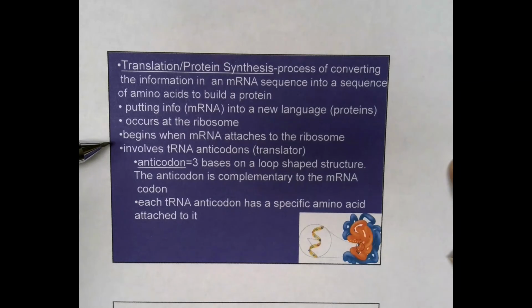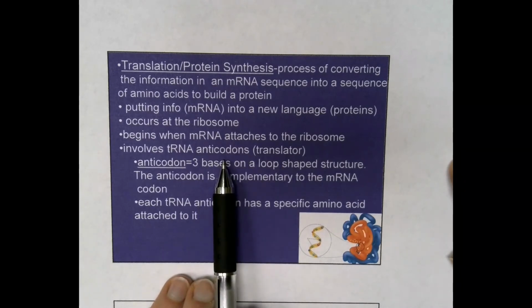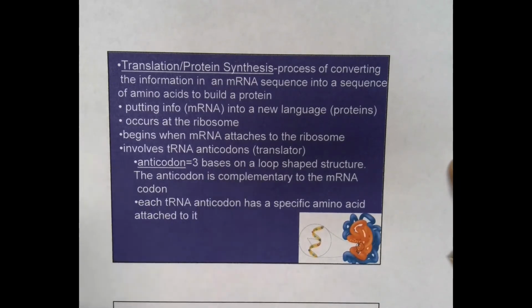Once the ribosome hooks onto the mRNA, that mRNA is going to be read. Okay, this is going to involve the tRNA anticodons. So they are little interpreter or translator molecules. Okay, so the analogy that I'm going to use for this is, let's just say that I decide to go on a trip and I go to Germany, right?